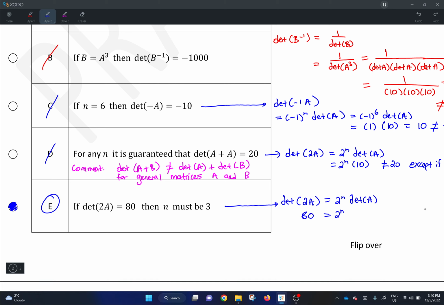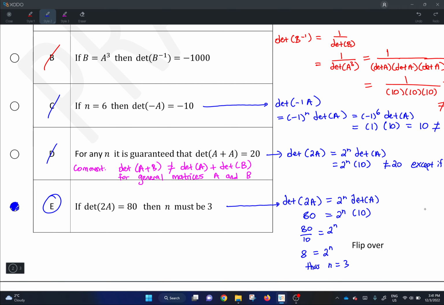So 80 is equal to 2 to the n times 10. Let's divide both sides by 10. So 80 over 10 is equal to 2 to the n. So 8 is equal to 2 to the n. This is asking 2 raised to what power gives you 8. Thus, n is equal to 3. There's only one way this can happen. n must be 3. Okay, so that is definitely true.